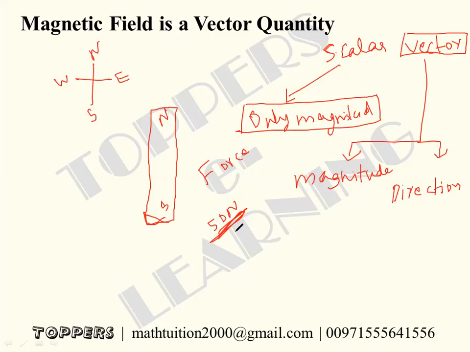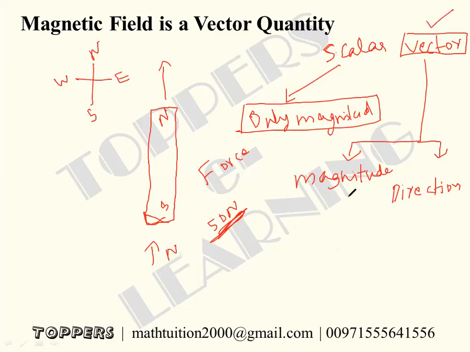You have to say the direction also. If I am applying 50 Newton in the direction of north, then this object will move in the north direction. If I am applying a force in the west, it will move in the west direction.